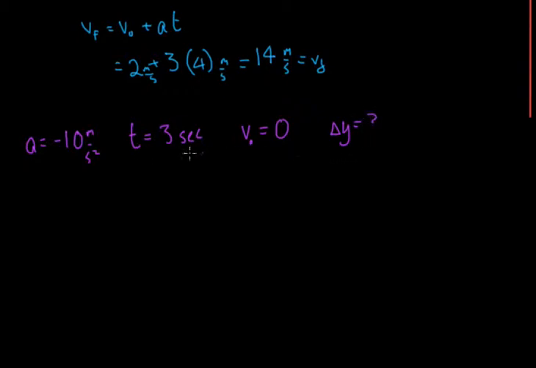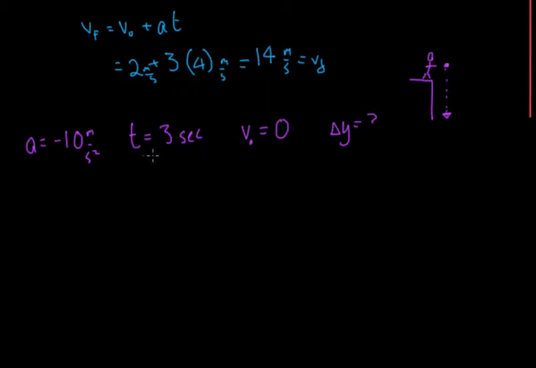Now, what's the physical significance of this problem? Well, let's say that there's a little guy standing on the edge of a cliff, and he drops a rock, and the rock goes down. The rock's going to accelerate downwards with an acceleration of -9.8, or about -10 meters per second squared, so that's where we get our acceleration from.